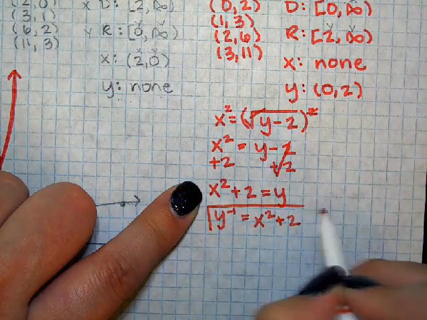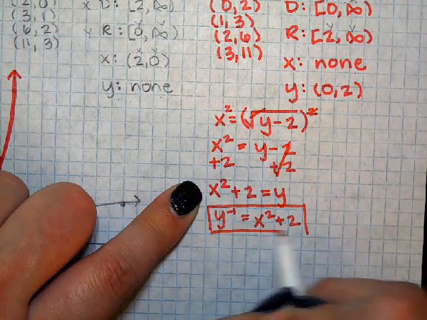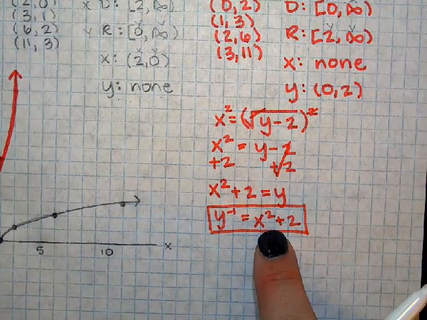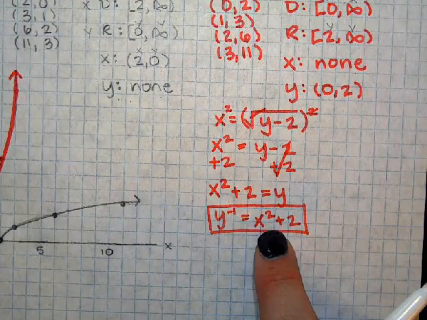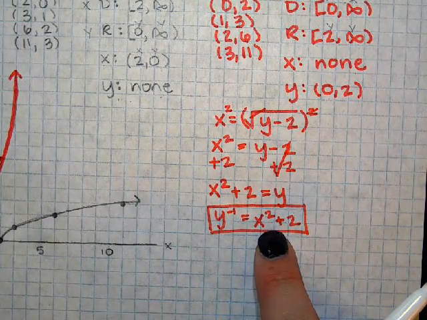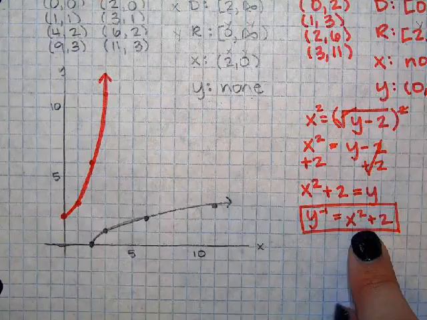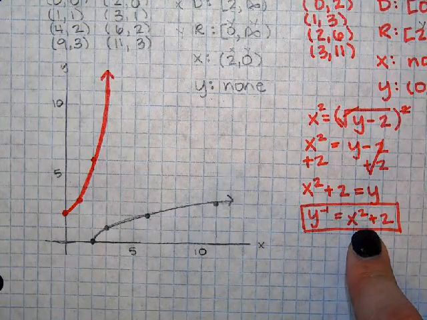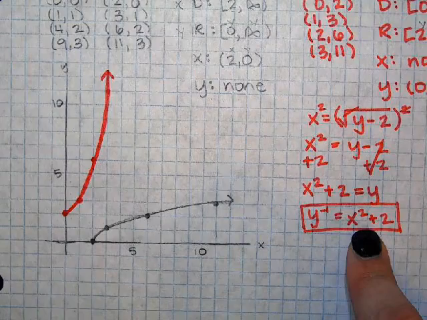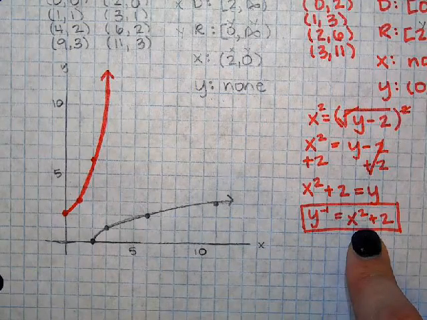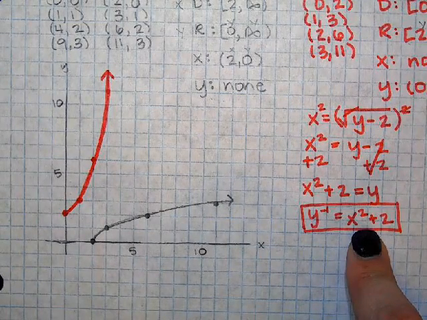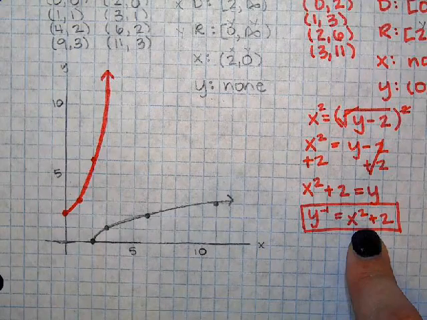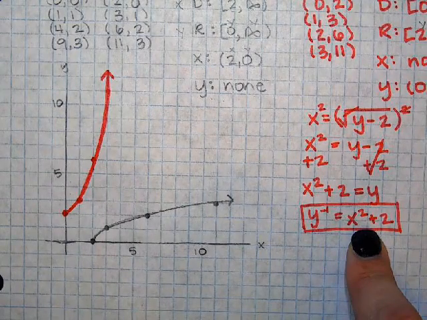Now this looks like a parabola that has no left and right shift, that has only been shifted up 2. But if you look at the picture, does the picture look like a parabola? No, kind of, right? Yeah, it only looks like half of a parabola. So, yeah, if we drew more of it, it would eventually turn into one.